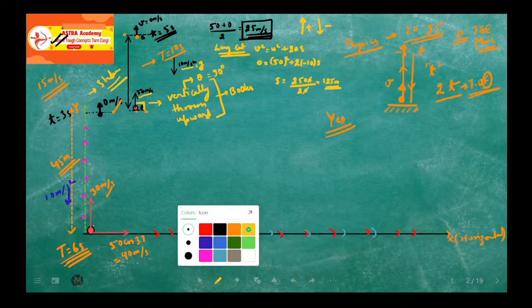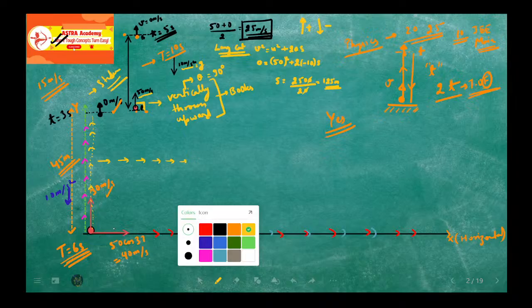The vertical component used to take this body in the upward direction, and the horizontal component of the velocity is just ensuring that this body should move in the horizontal direction also, meanwhile it is moving in the vertical direction.